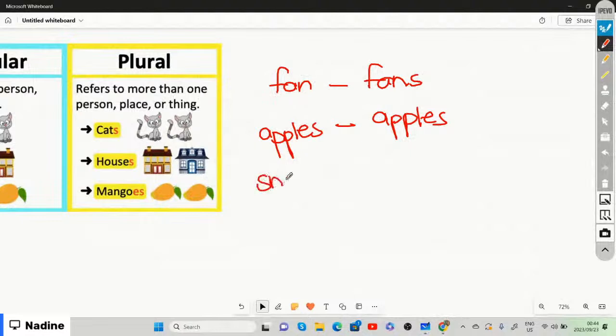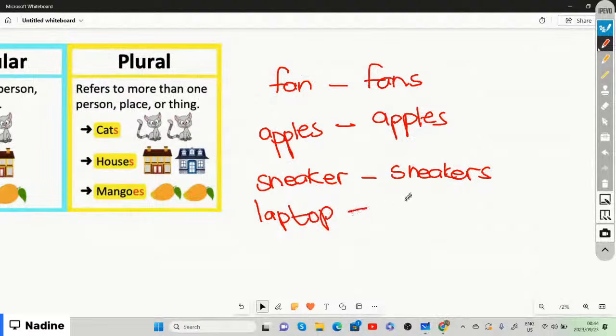One sneaker, more than one sneakers with an S. One laptop, and then we have more than one laptops. One car, and then we have more than one cars. We have cars.